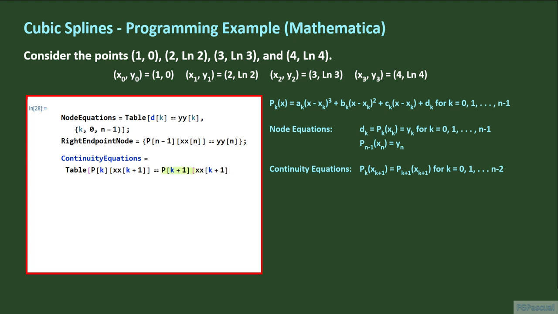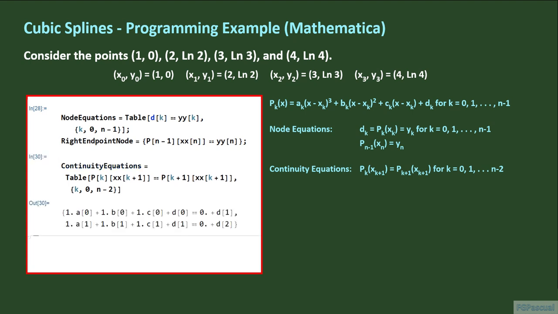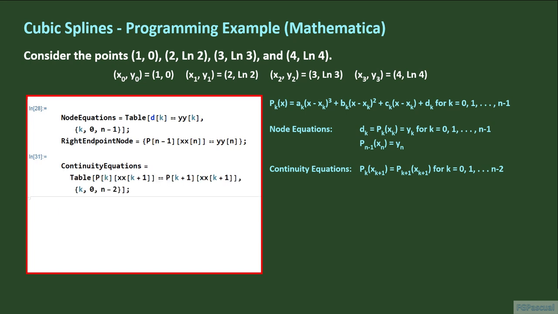We just check to make sure that all the brackets are paired up and indicate that k goes from 0 through n minus 2. We evaluate this line of code to see if it works. And there it is. We put a semicolon at the end of the line to suppress the output.